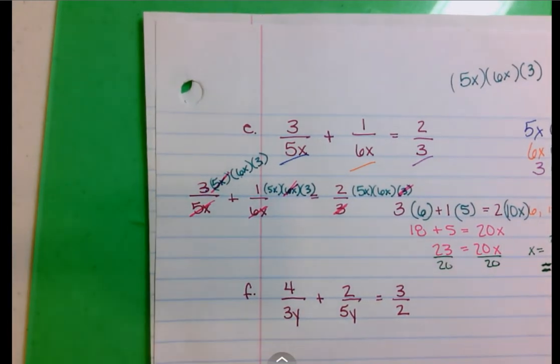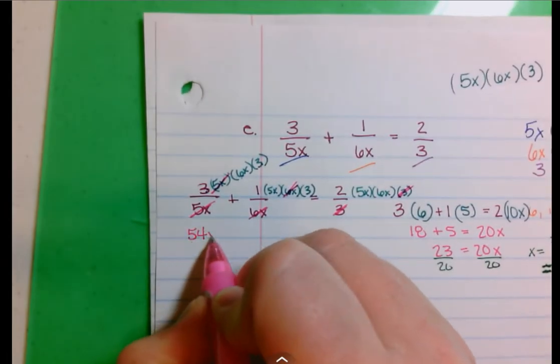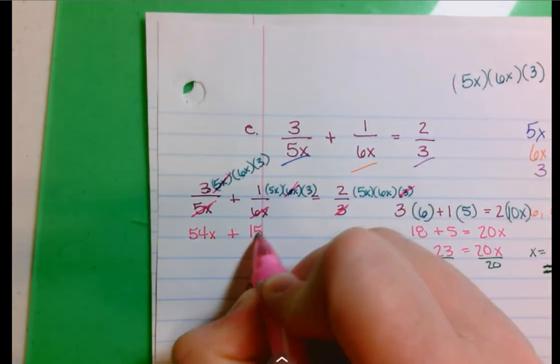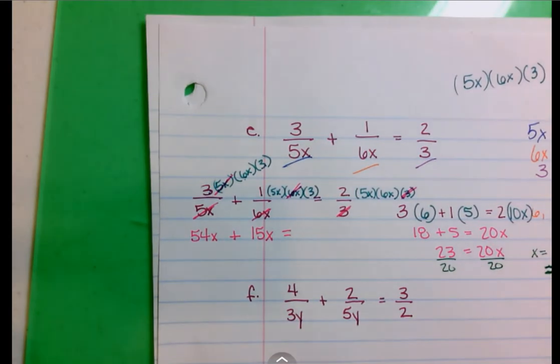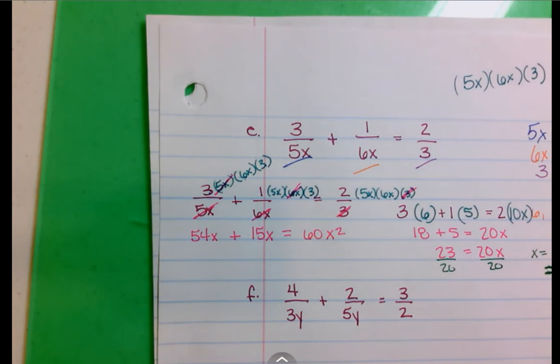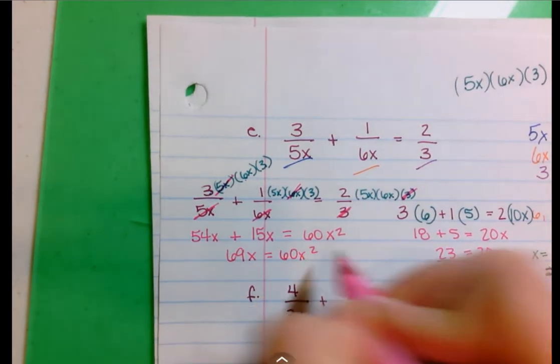I'm just going to double check on my calculator. 3 times 3 times 6, 54x, plus 15x equals 2 times 5 times 6, 60x squared. 54 plus 15 is 69, so this is 69x equals 60x squared.